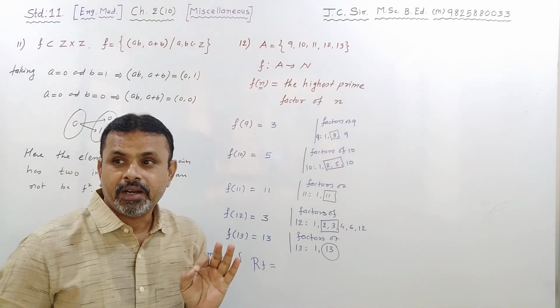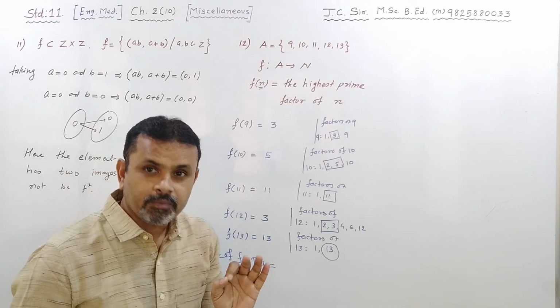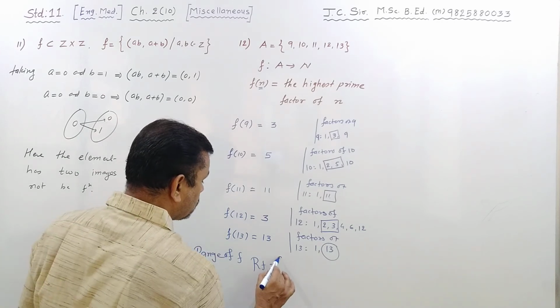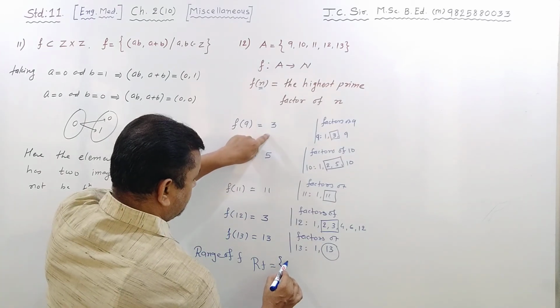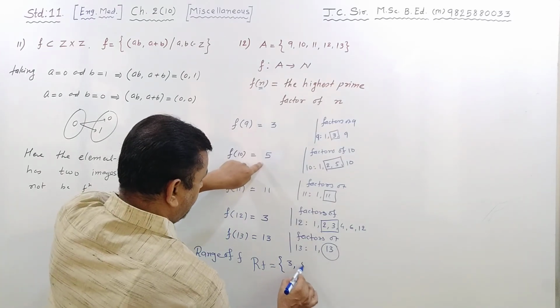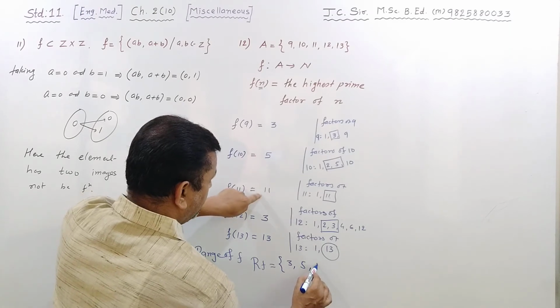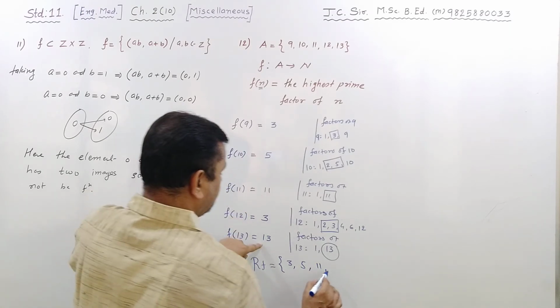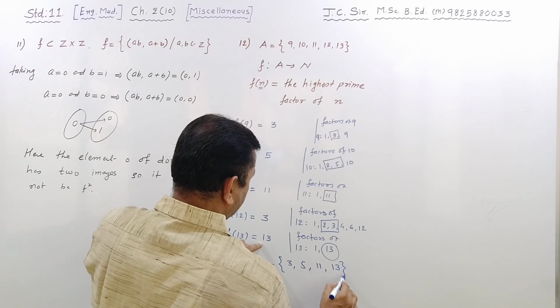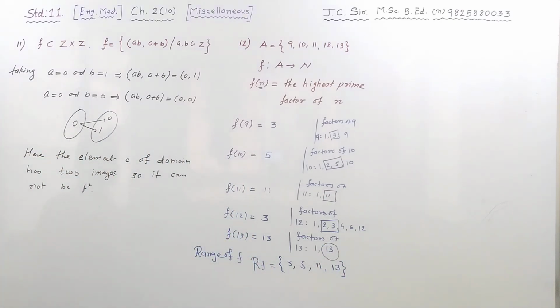See, no element more than one time can be written in set form. So the first element is 3, then 5, then 11, 3 is already there, so 13. So this will be the range of the given function, right?